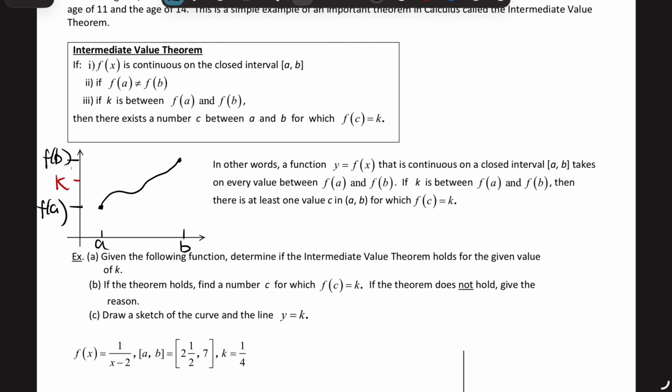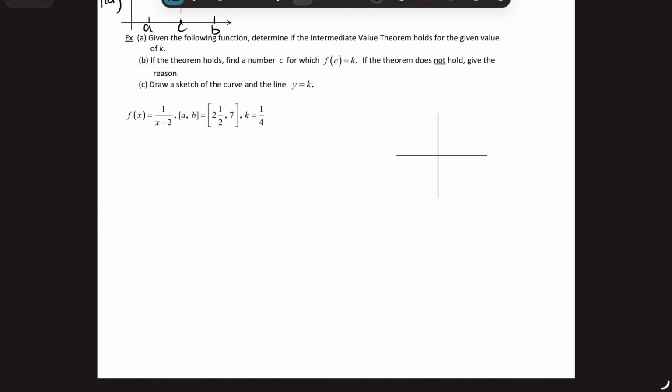If there exists a k that's in between f of b and f of a, there must be a corresponding value c that's in between a and b. It's very intuitive, right? Let's just try an example.